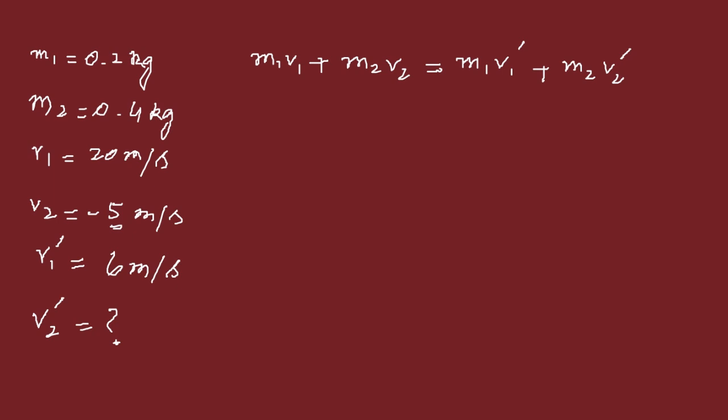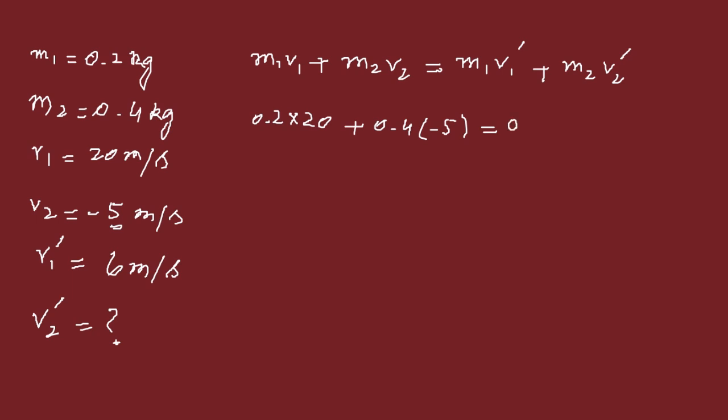m1 is 0.2, and the velocity before collision was 20 meter per second. We will multiply with 20, plus m2 is 0.4, and the velocity of the second body was negative 5, as it was moving in the opposite direction to the first body. And after collision the masses remain the same.